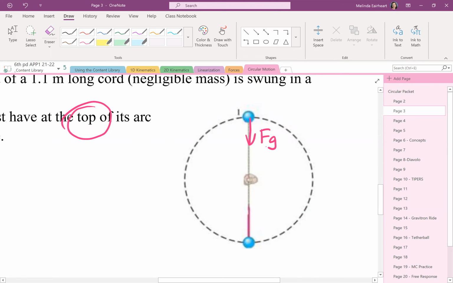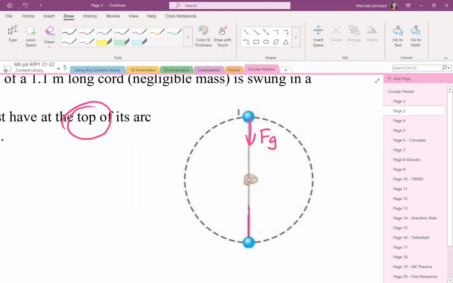Towards the center of the earth. The only time you don't have gravity is when you're in outer space. And then there's tension. Now tension can vary. The rule for tension is it pulls parallel to the string. So when you're at the top of the path, the string is below the ball. What direction is this string pulling on the ball?